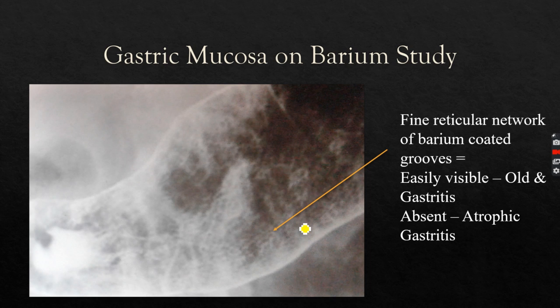This reticular network is absent in atrophic gastritis. Gastric mucosa is atrophied, and patients of atrophic gastritis usually suffer from achlorhydria, no hydrochloric acid.